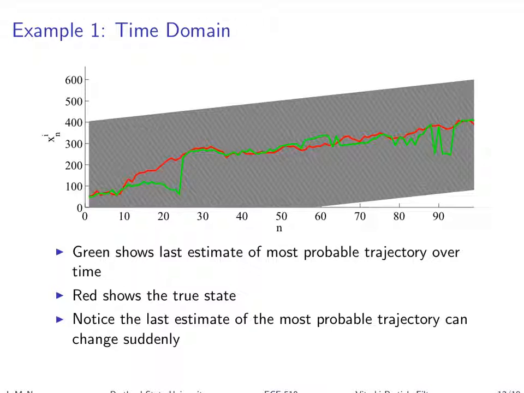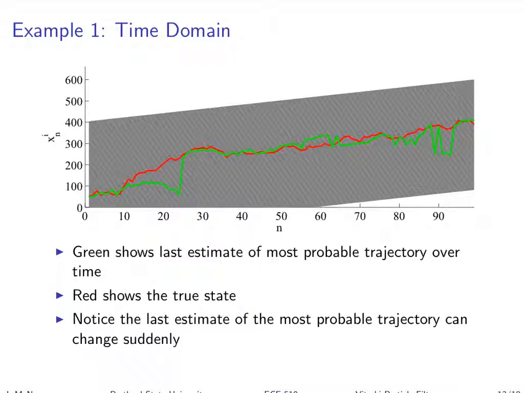But you could pick off the last element of the past trajectory and say, my best guess of what the state is at this time is the last element of that entire trajectory. And you go forward 1 time step, you've got possibly a different trajectory, and you do the same thing. And so what we're looking at here is the last estimate of the most probable trajectory over time. And that can change rapidly.